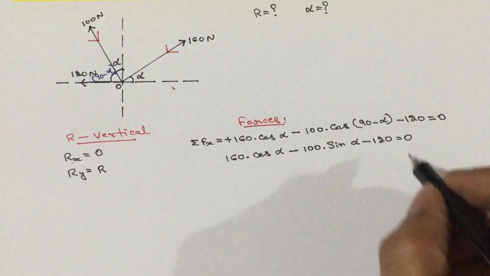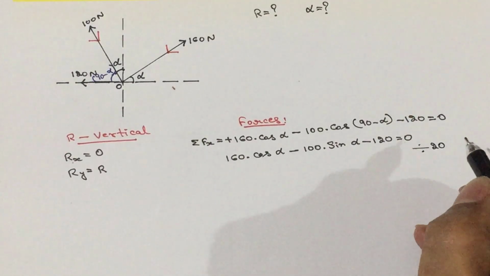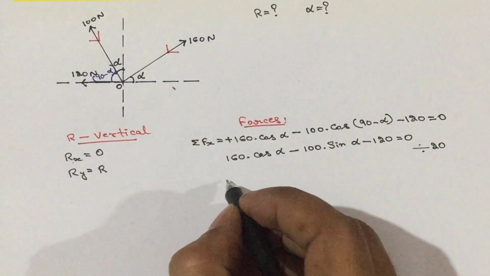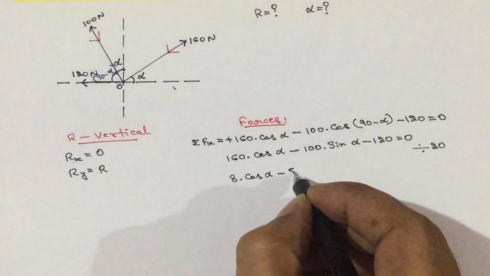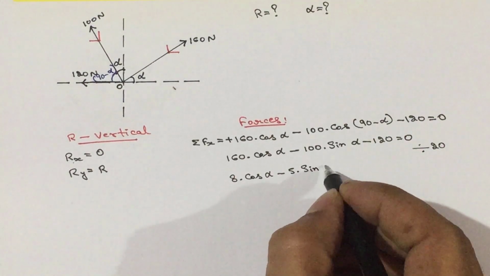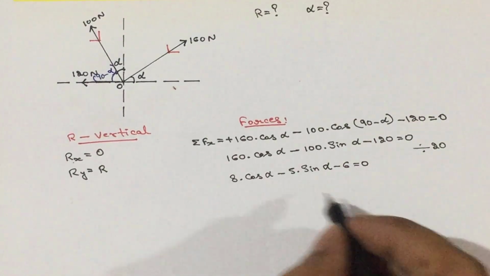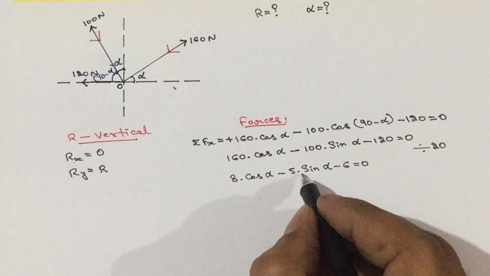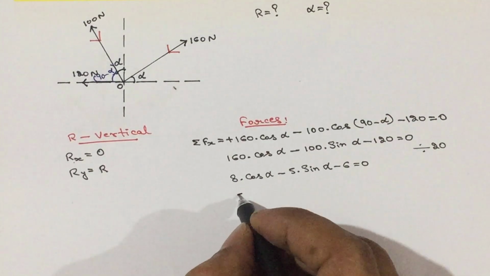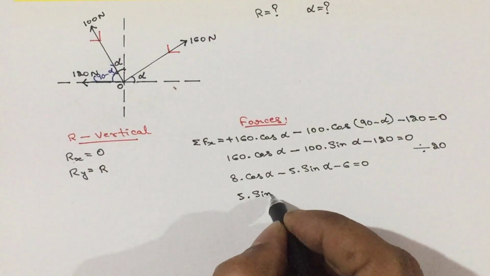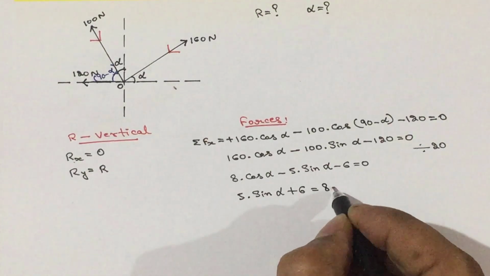So divide this equation by 20, just for simplification. You are going to get 8 cos alpha minus 5 sin alpha minus 6 equal to 0. I will shift minus 5 sin alpha minus 6 to the other side, it will become 5 sin alpha plus 6, that should be equal to 8 cos alpha.